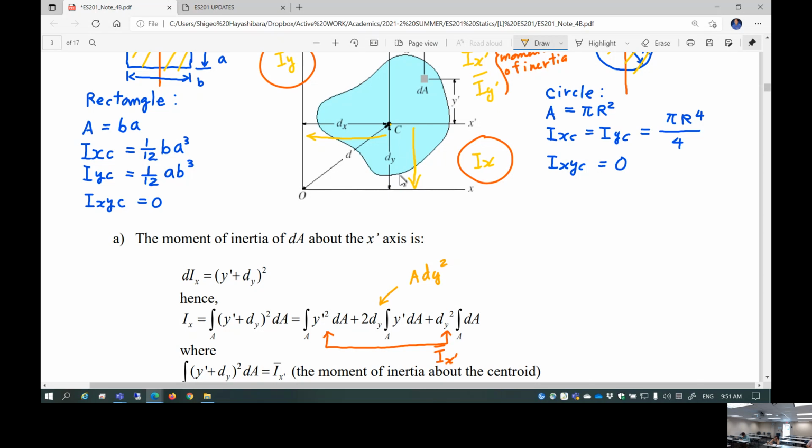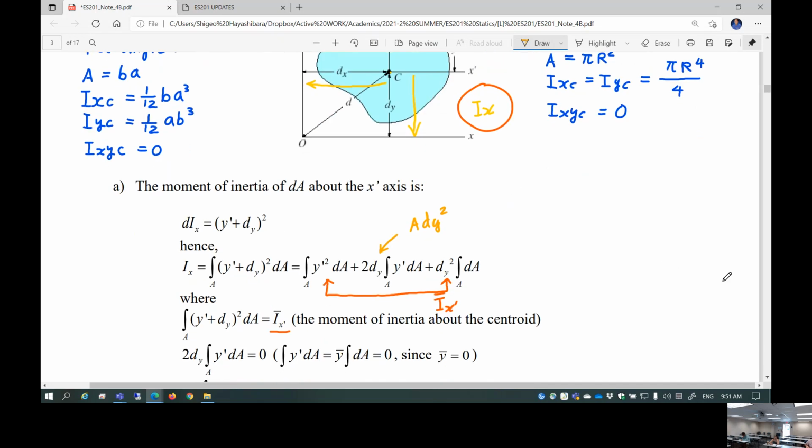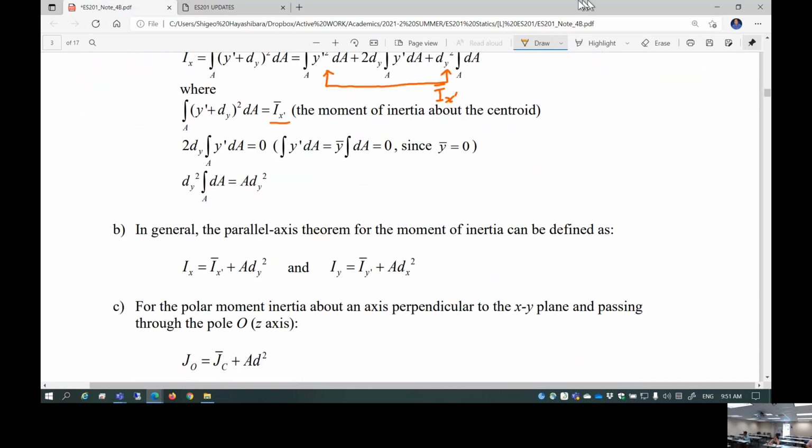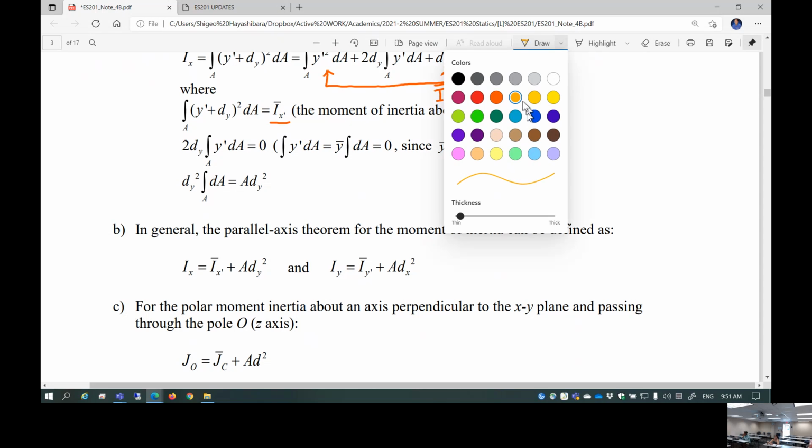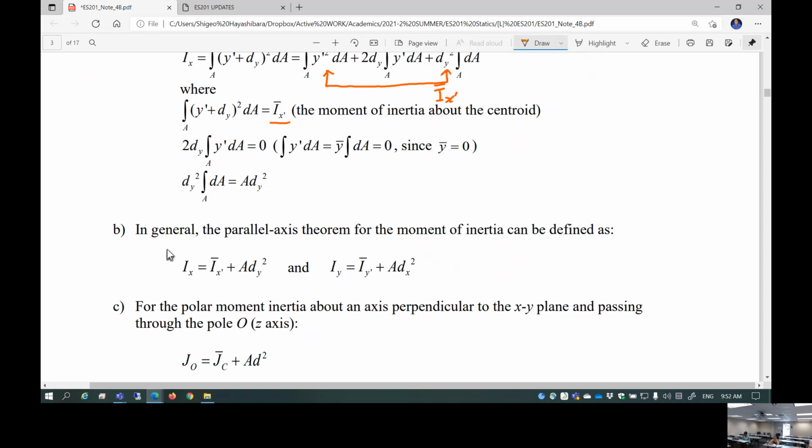So this much distance is shifted, so you are going to bring it back to the x coordinate to determine Ix. So the parallel axis theorem is essentially given by this equation. This is the parallel axis theorem.